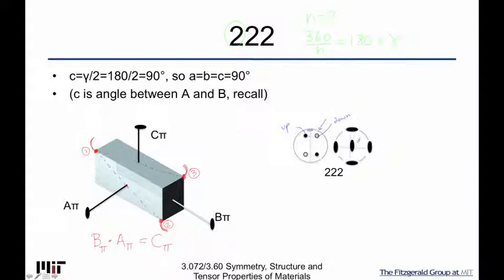So this would be, for example, in the way that I've drawn it, maybe this is A pi coming out, and this was C pi coming up, and this was B pi coming out this way. But of course, they go through the globe onto the other side, and so you draw these things on the other side because you could be looking at the sphere this way versus this way. So this sphere, no matter how you turn it, if you imagine turning it in your head, you're seeing these symmetry elements on the surface of that globe always, moving as you turn the sphere.